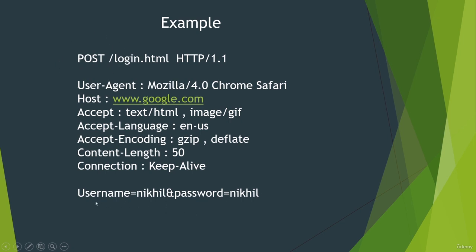You can send the data as variable names and values separated by an ampersand, like username equals Nikhil and password equals Nikhil. In this way, if you do not have a browser, you can also send requests via command line tools. We will see those tools in later videos. So that's all about this HTTP request. I hope you have understood this.